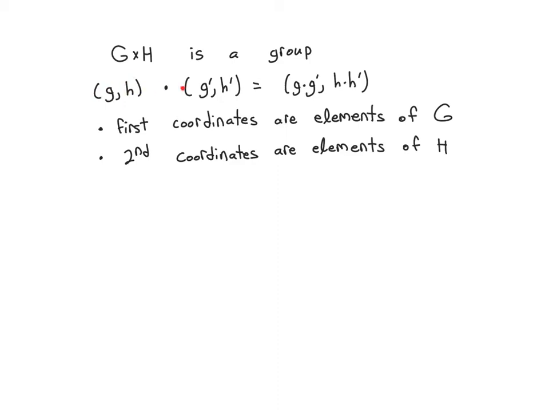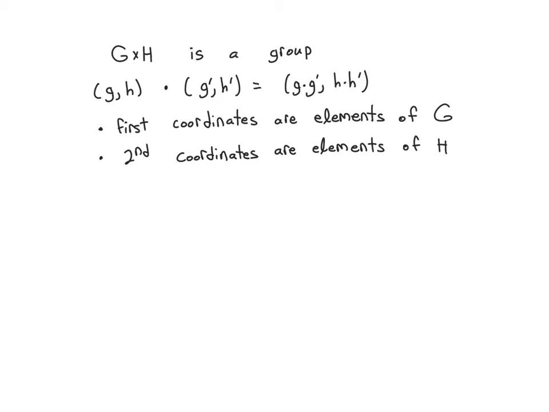So the product of two ordered pairs is going to be an ordered pair. The first coordinate in the ordered pair is the product of the first coordinates, G times G prime, and the second coordinate in the ordered pair is the product of the second coordinates. Okay, I should say left coordinates and right coordinates.